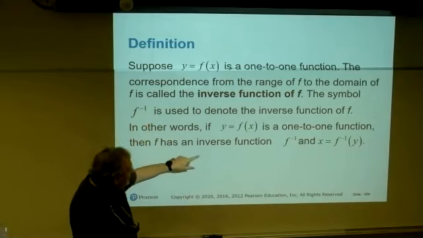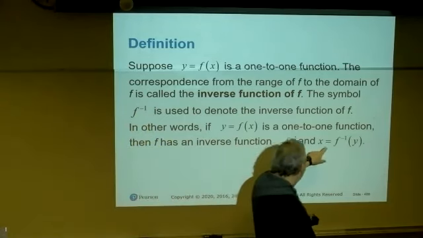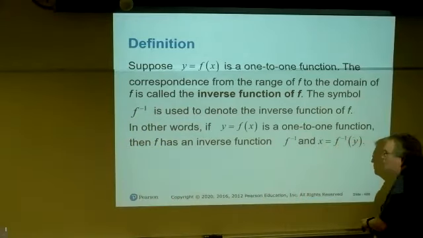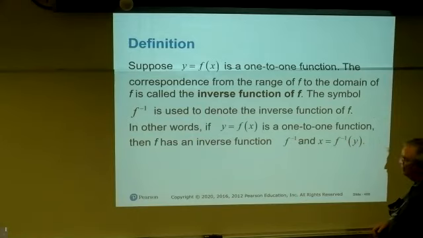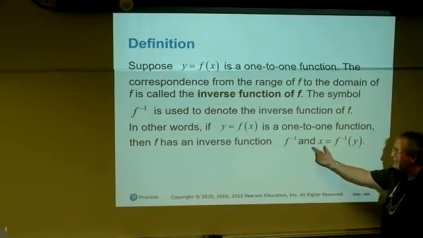And so if f is a one-to-one function, then f has an inverse function, f inverse, and x will equal f inverse of y. So it's going to take the range back to the domain.